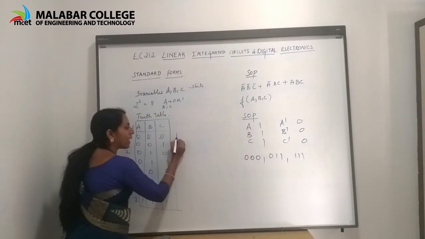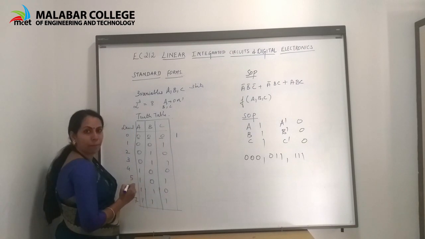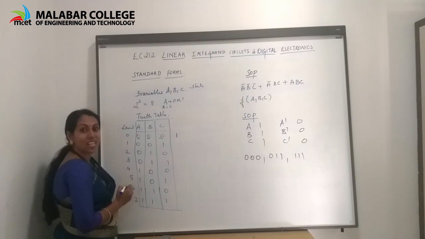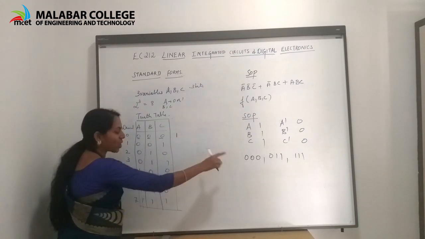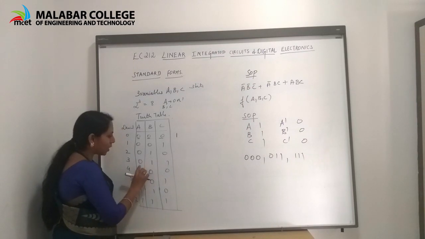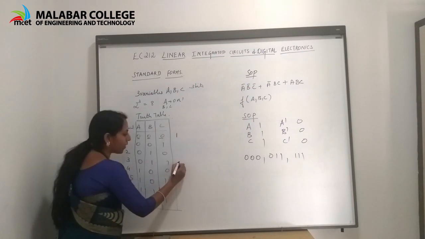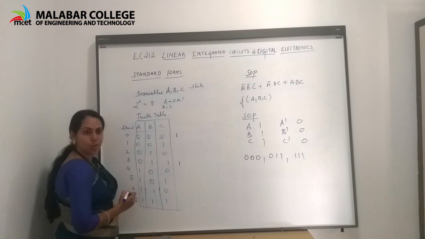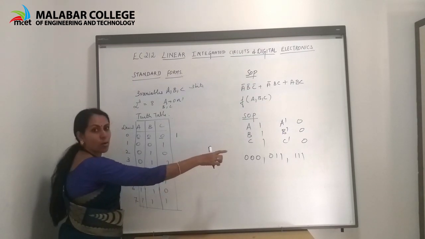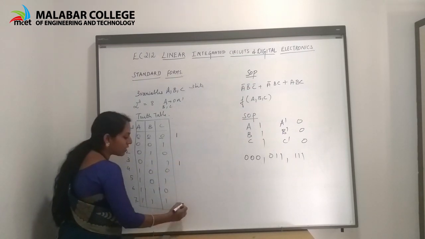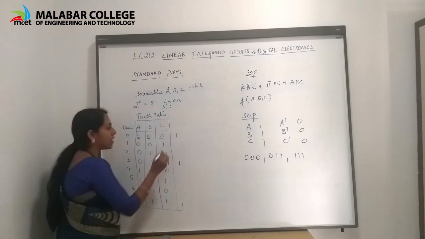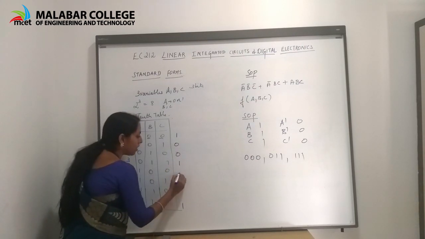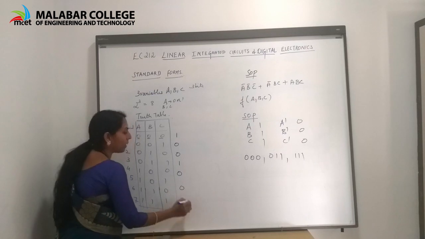There we have to write the result as 1. Similarly, next is 0 1 1, which is 3. There we write 1. Again the result is 1. And the last one is 1 1 1. The result is 1. The remaining values will be 0.